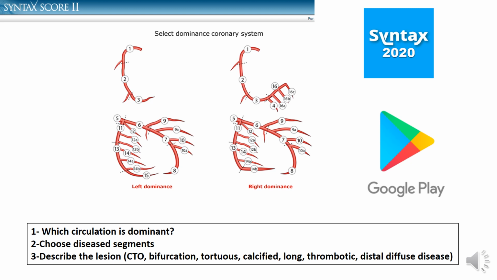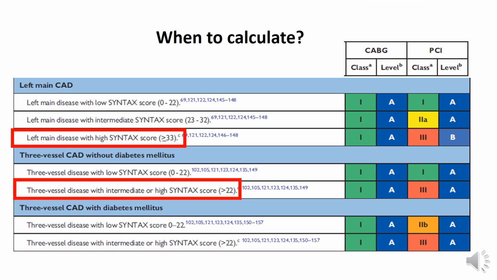Then it will ask you to choose the diseased segment of the coronaries, either proximal, distal, or mid segments, branches, diagonals, or septals. Then it will ask you to describe the lesion. Is it CTO? Is it a bifurcation? Is it calcified? Is it thrombotic? And so on. Finally, you will get a score.